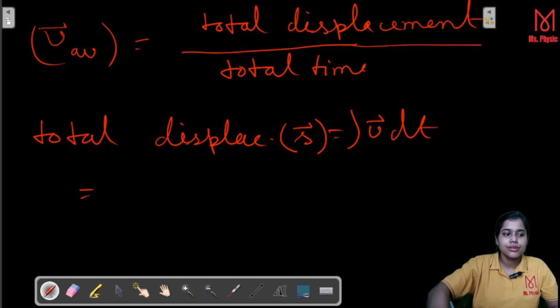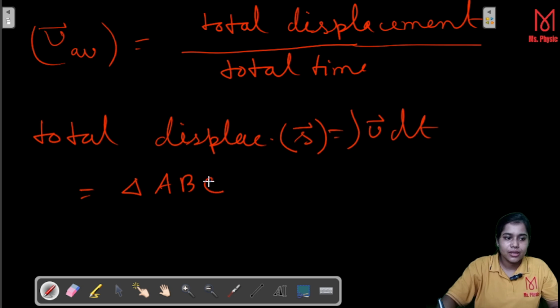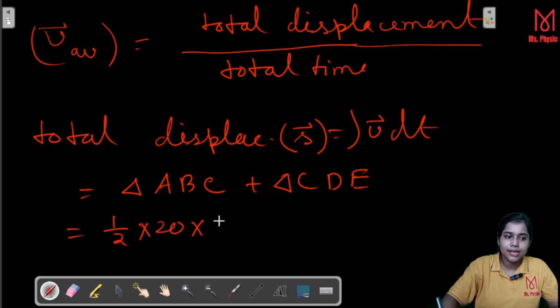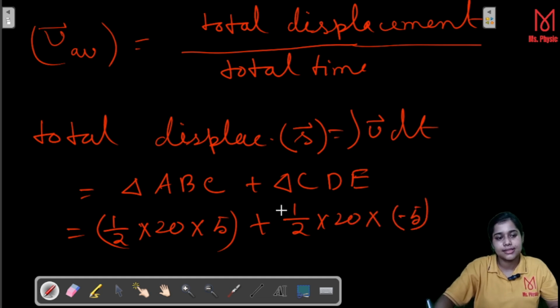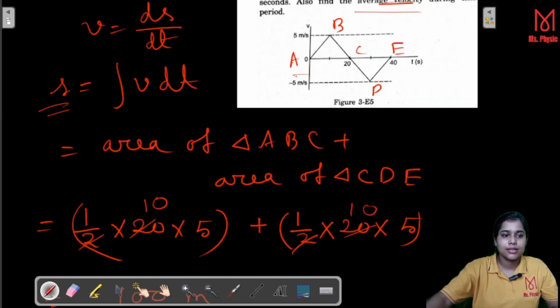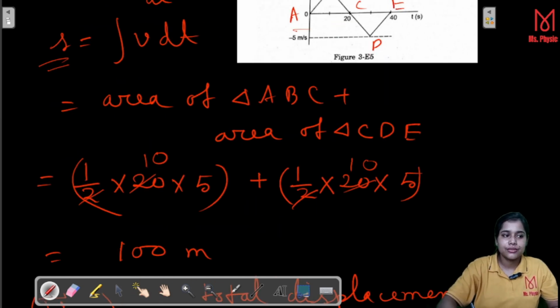The area is the same, the area of ABC plus the area of CDE, which is half multiplied with the base 20 multiplied with the height 5 for ABC, plus half multiplied with 20 multiplied with minus 5. Here we have to consider the sign because in the previous one we were calculating only the distance, which is a scalar quantity, so we considered only the magnitude.